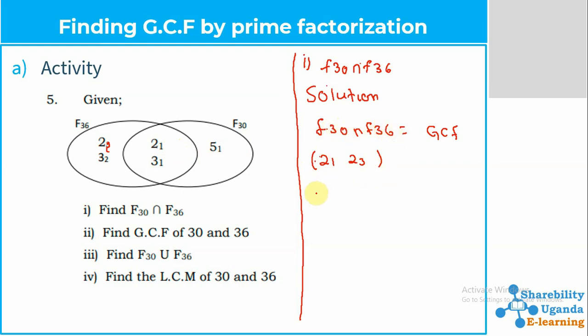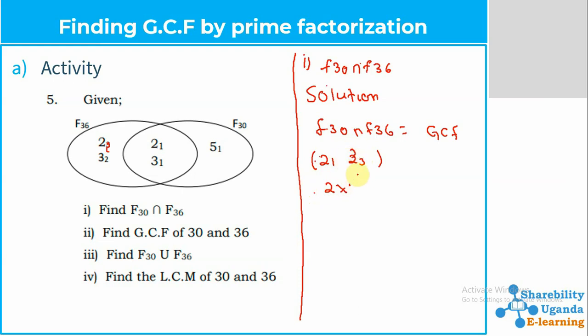Here we simply multiply them. We say this is 2 times 3.